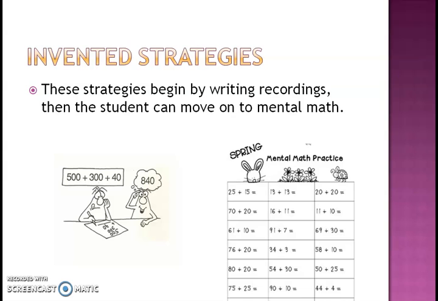So here in the picture to the left at the bottom, there's a character writing down the problem and thinking about how to solve it. The character next to him has the ability to solve the problem mentally without needing to write down anything.